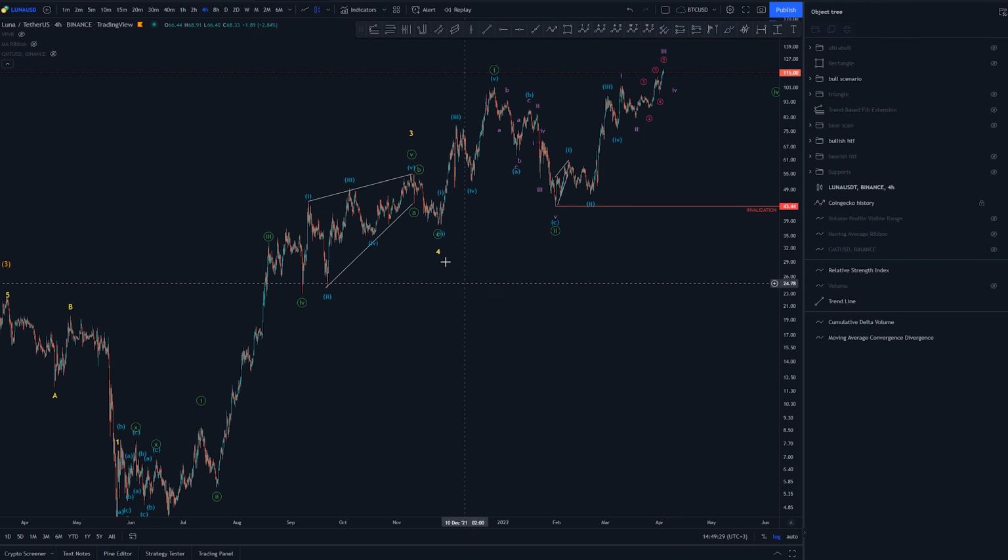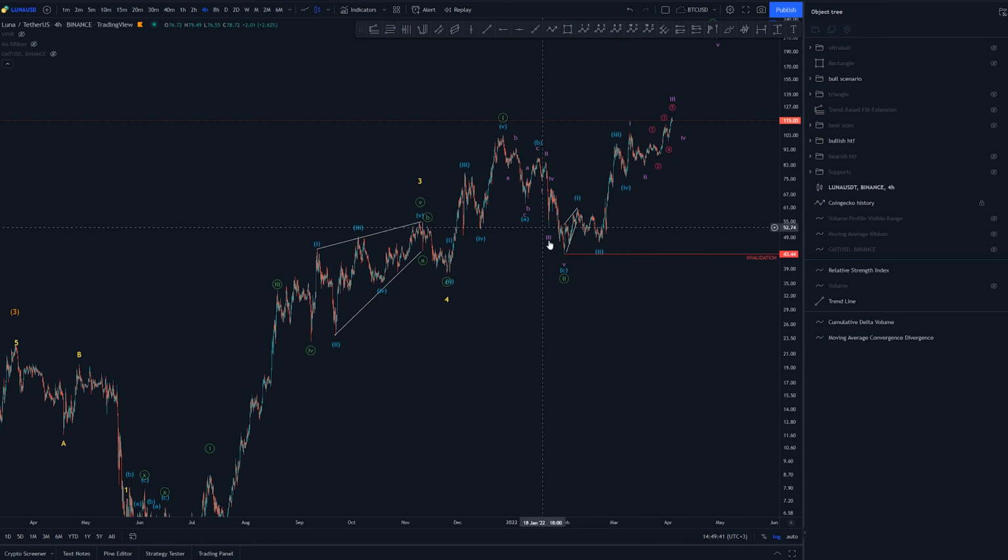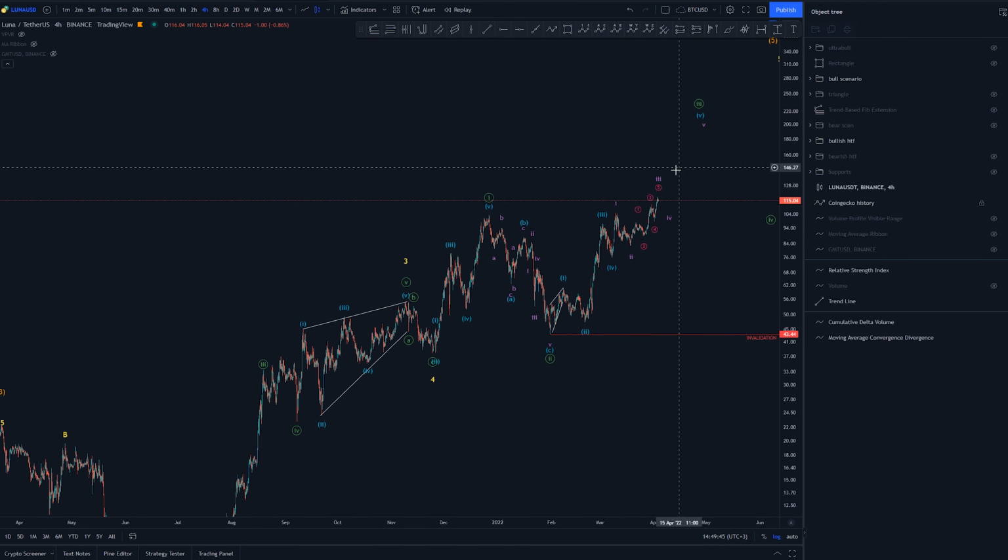However, this structure here was the only reason I placed this third here, and fifth was here, black, last time I think. But again, we're correcting now higher, or making some kind of move higher at least.